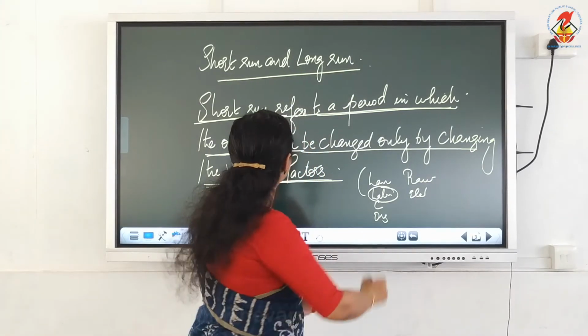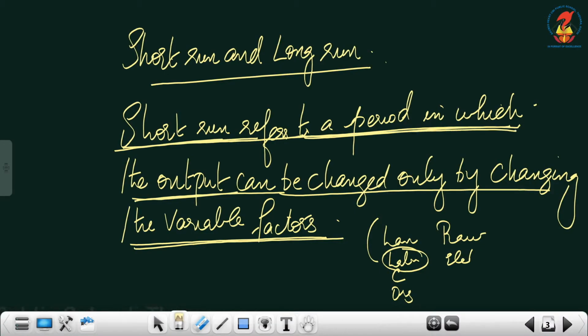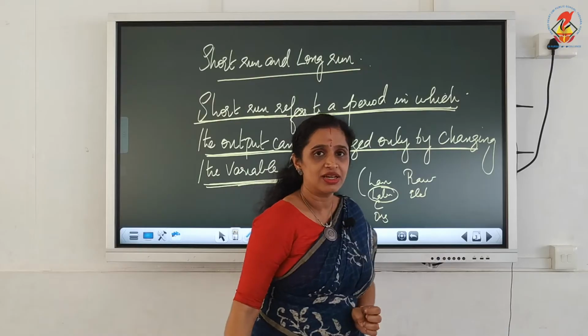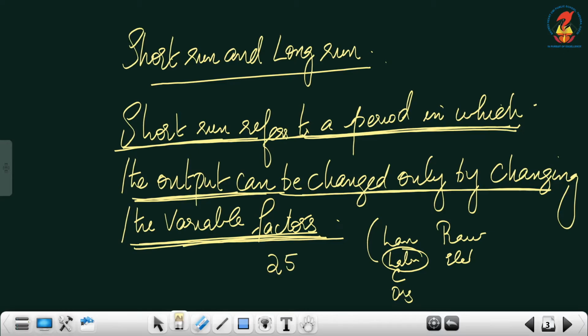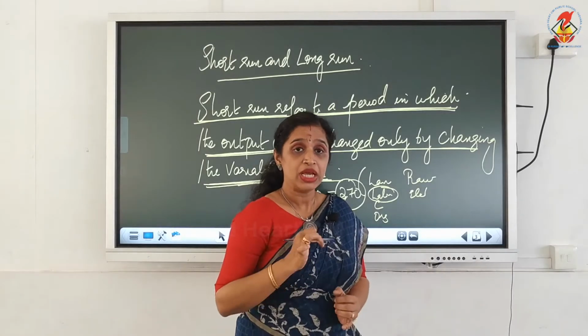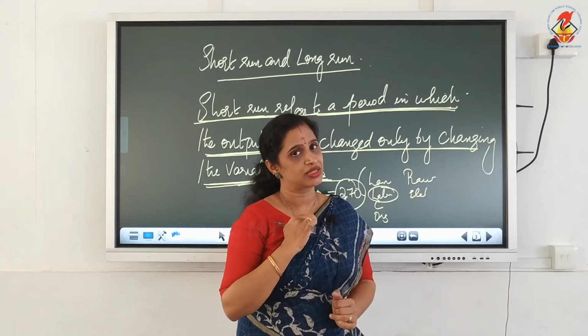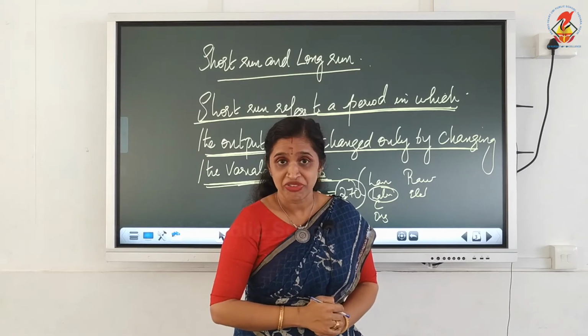So once again, short run refers to a period in which the output or shirt production can be changed only by changing the variable factors. Here, the production of shirts from 250 to 270, that is 20 shirts, can be increased only by changing labor, raw materials, etc. We can't change the area of land.